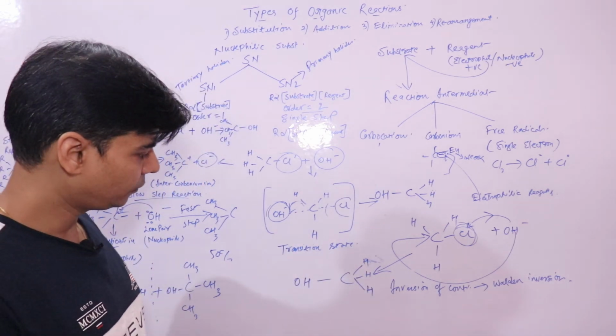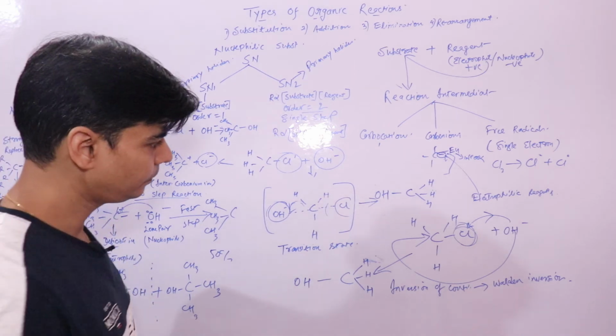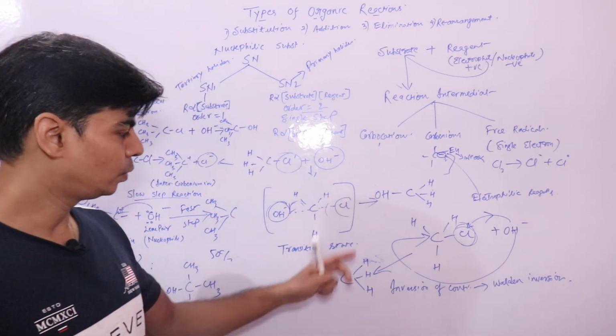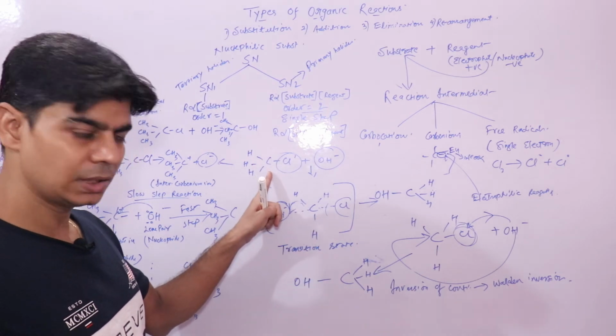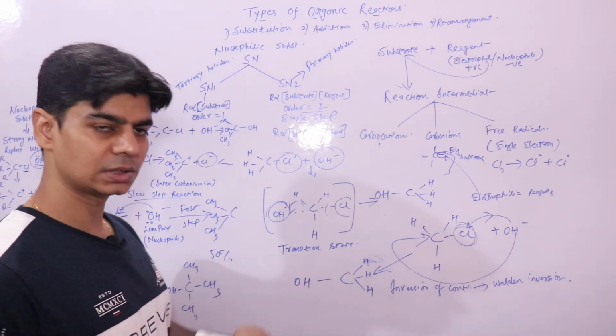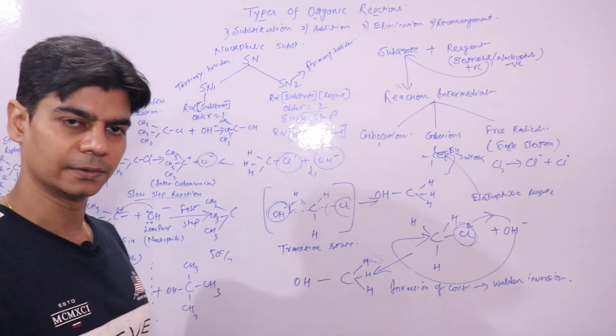Now the important thing is, if you look into the stereochemistry of this reaction, this approaching nucleophile will attack this primary halide molecule from the opposite side, from the far away side. Why?